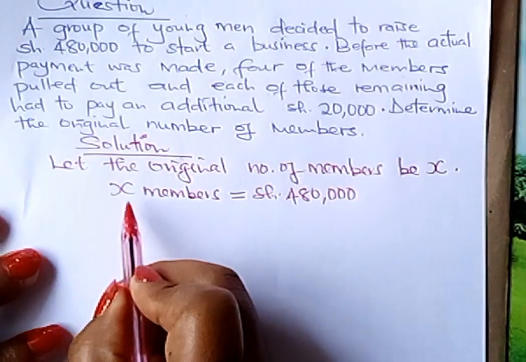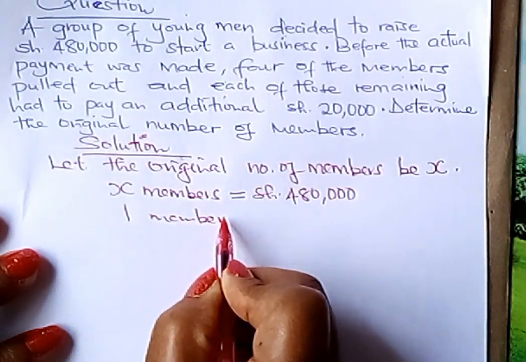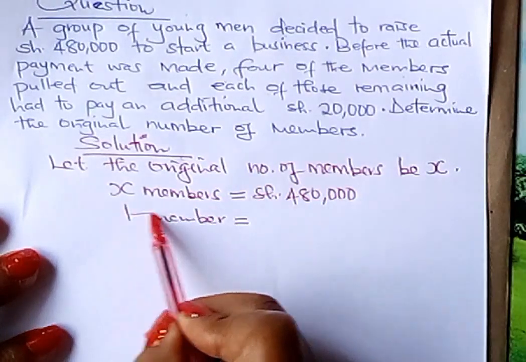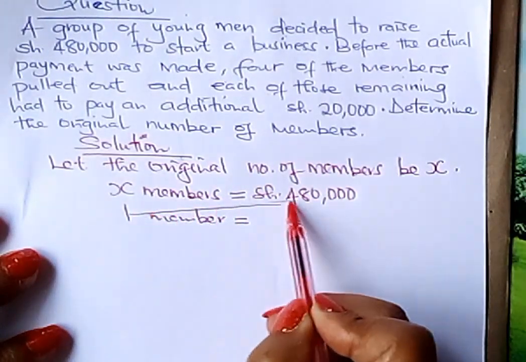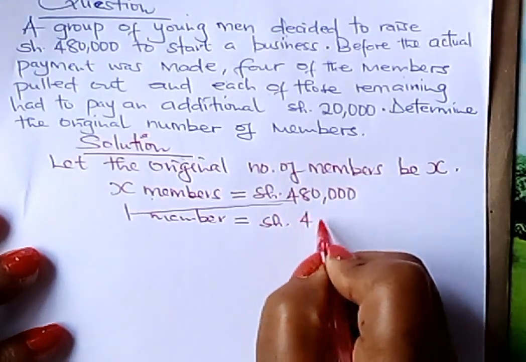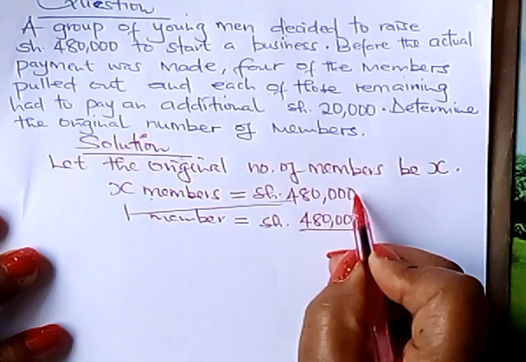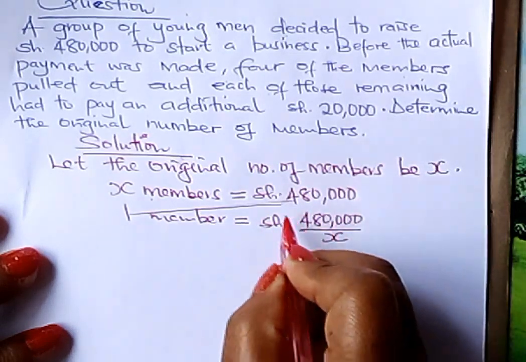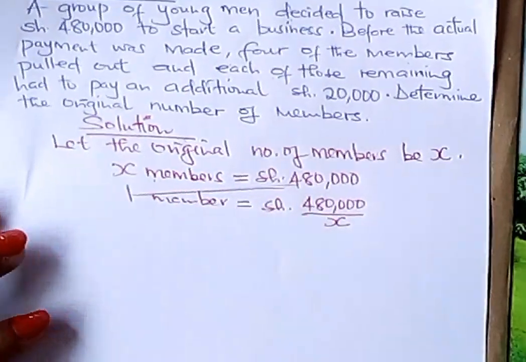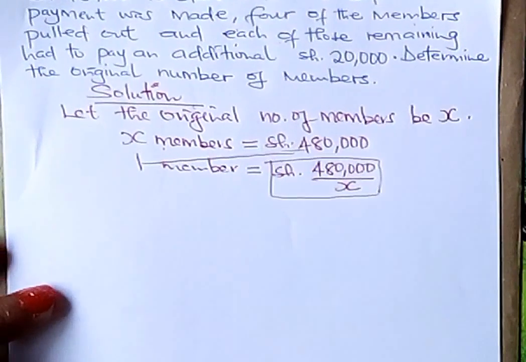Therefore, one member would have contributed what? You cross multiply and divide. So one member at the beginning was to contribute 480,000 over x. He was to contribute that.